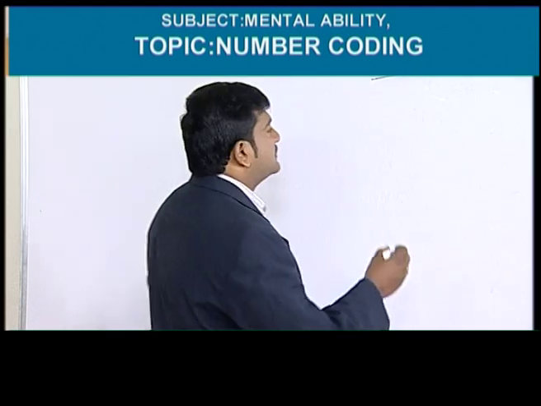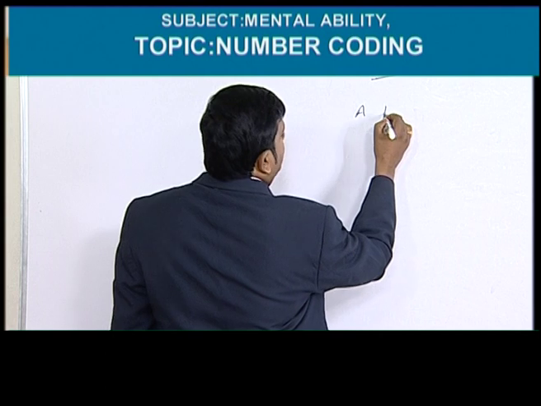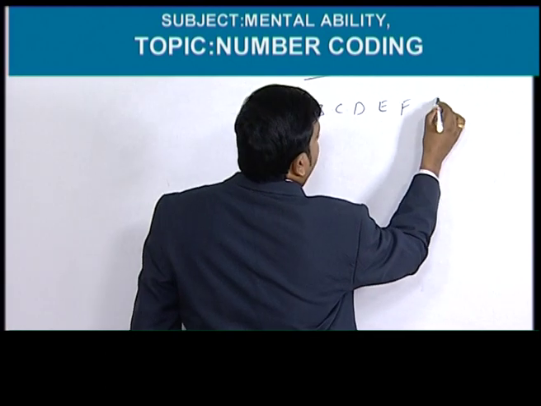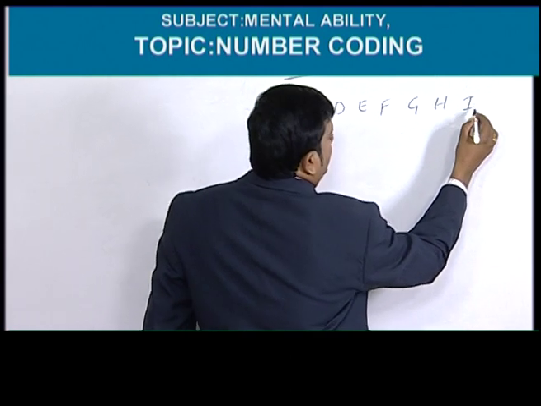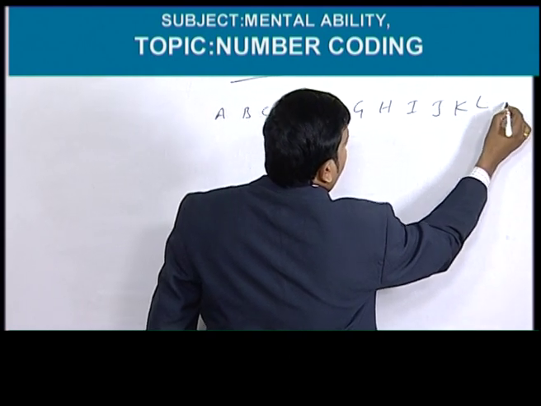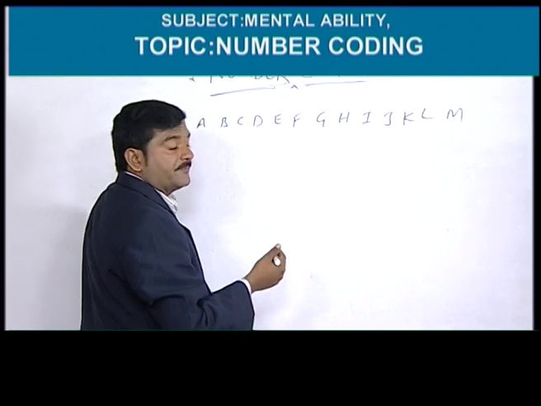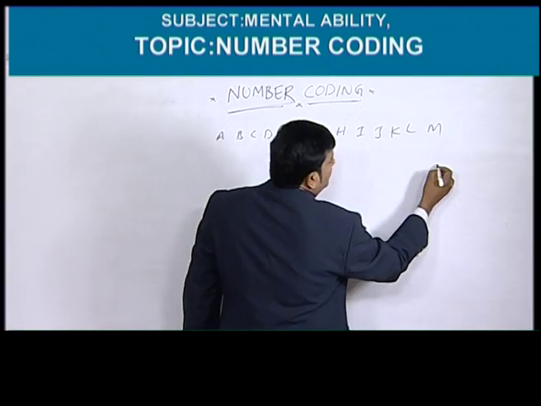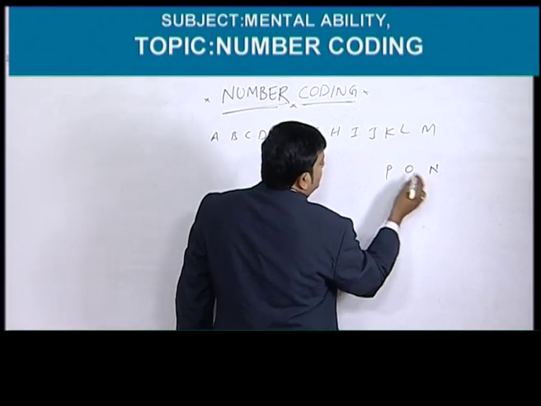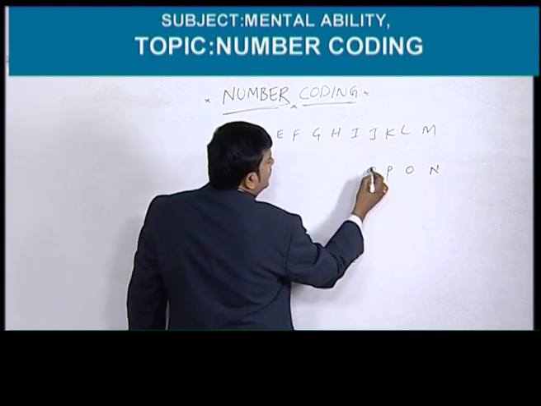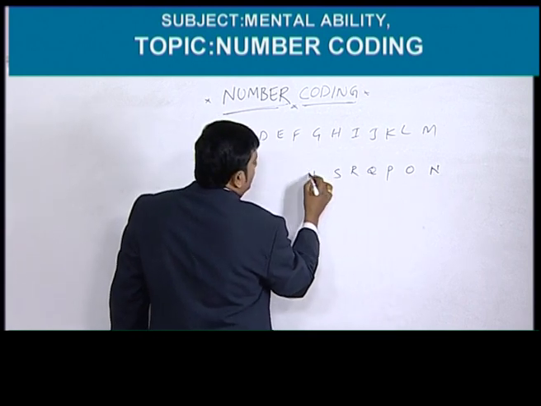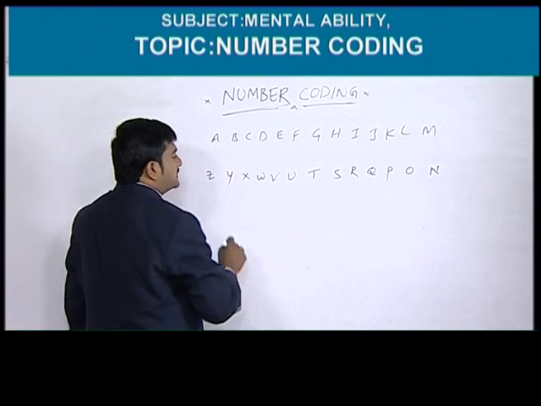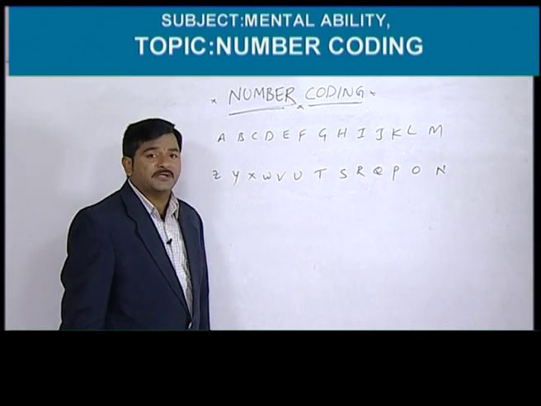Let's say the alphabets are A, B, C, D, E, F, G, H, I, J, K, L, M. After this M, instead of starting N from here, I am starting N from there: M, N, O, P, Q, R, S, T, U, V, W, X, Y, Z. Therefore there are 26 alphabets on the board.